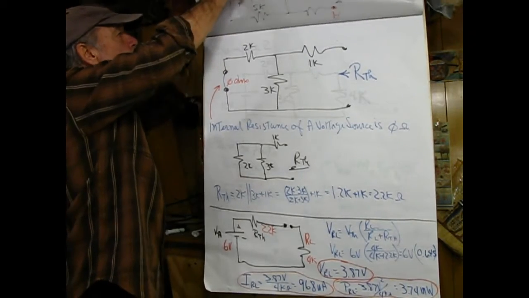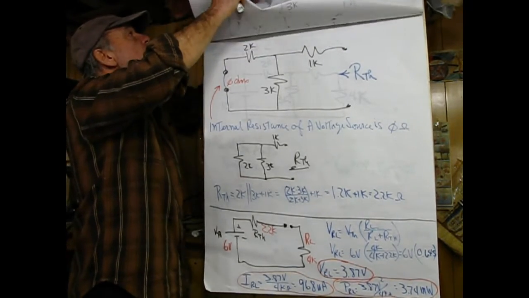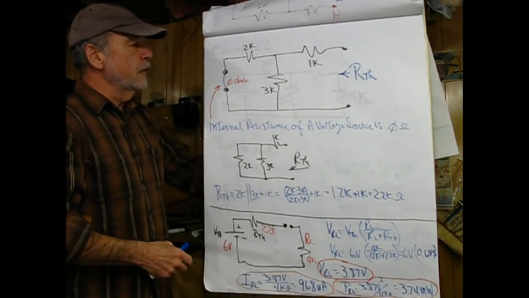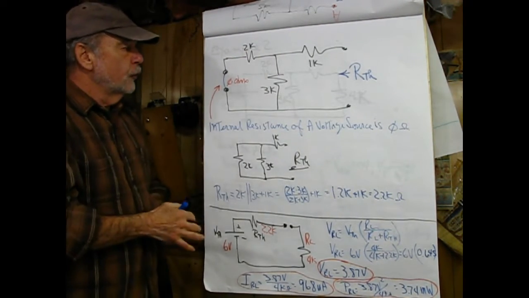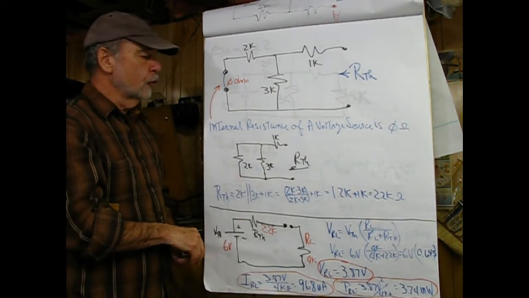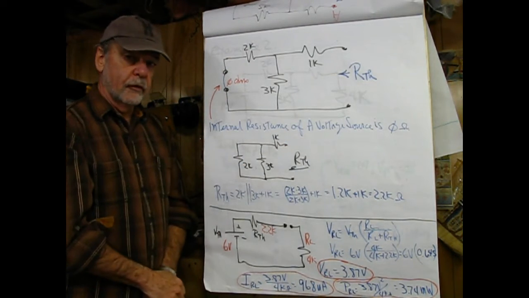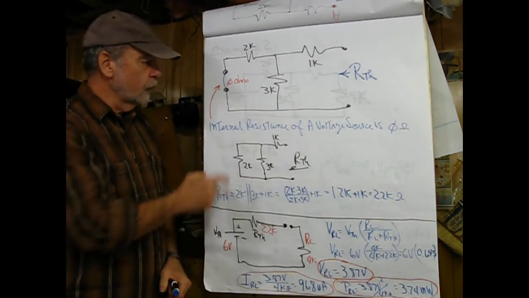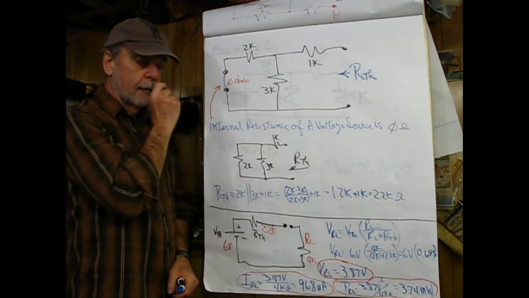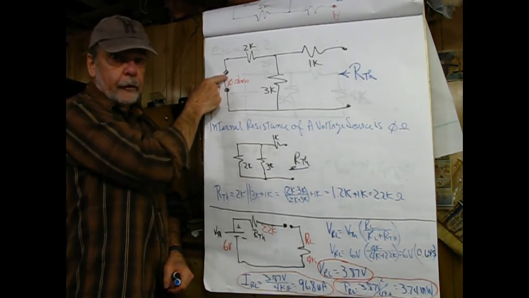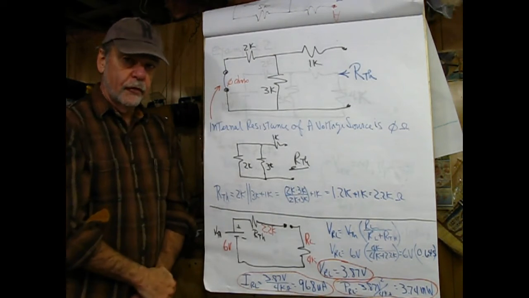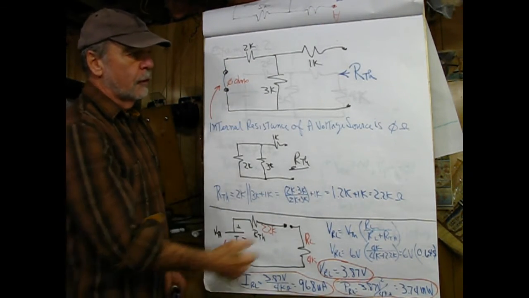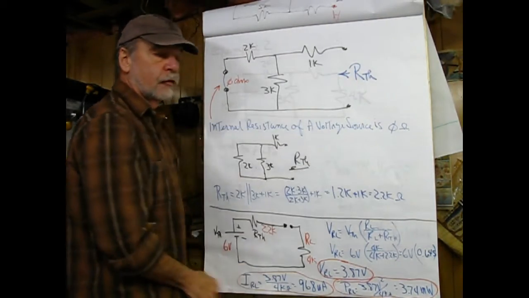Okay, so we know what VTH is, and now we need to find RTH. What the rules say is you replace the internal resistance of the source with its equivalent resistance. In the case of a voltage source, this is going to be 0 ohms. And I show this with a little link here. I've unplugged the voltage source, replaced it with its internal resistance, which is 0 ohms, and RTH is looking into this.